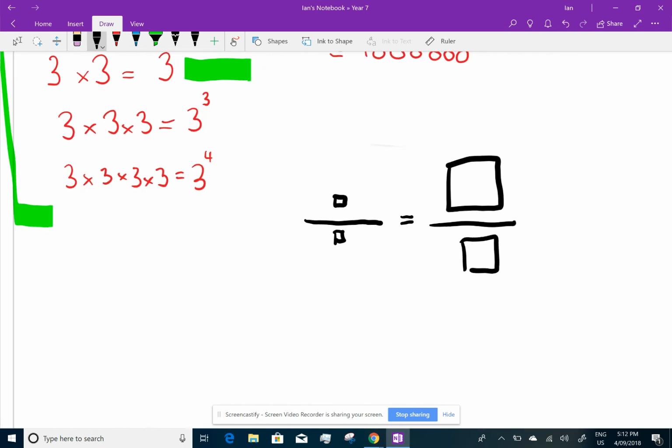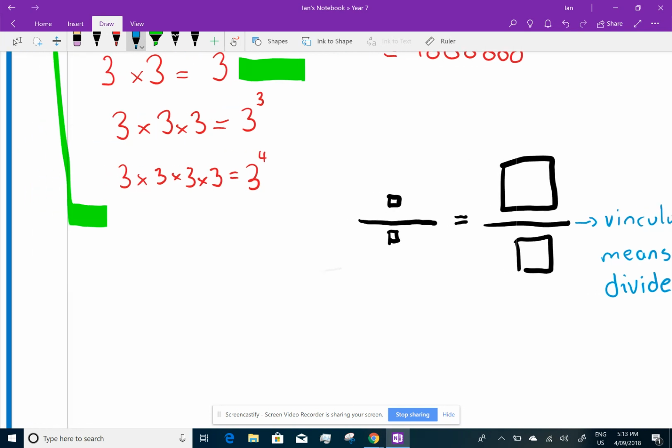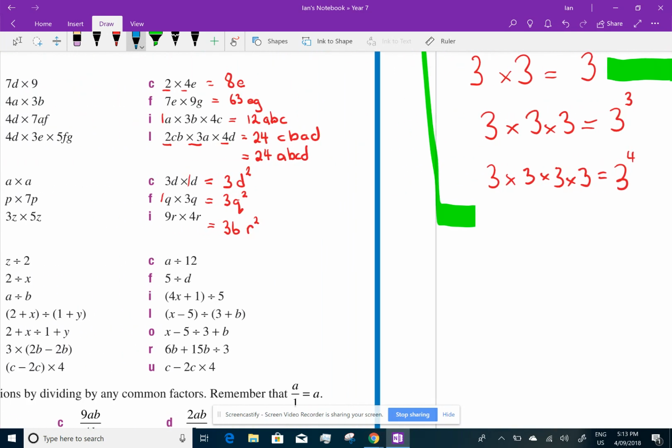And remember that the line here, the vinculum, and you don't need to know that, but you do need to know that it means divide. So with algebra, when we're dividing, we just tend to write them as a fraction. It just makes it easier.